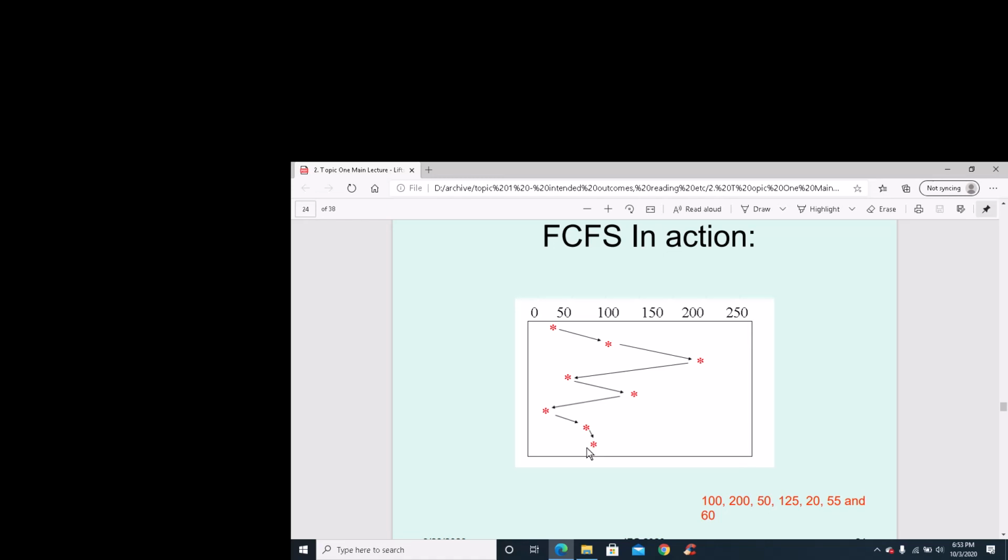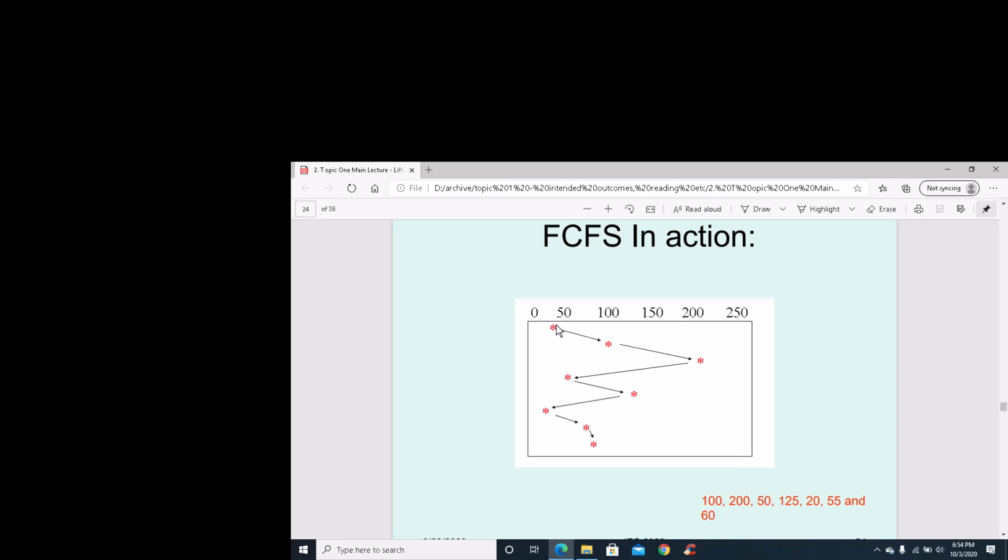And one thing that you might have already done mentally is to say, well, can we actually measure the distance of the journey that the read-write head takes? And you might have come up with a particular answer to that question. And it's easy to calculate.